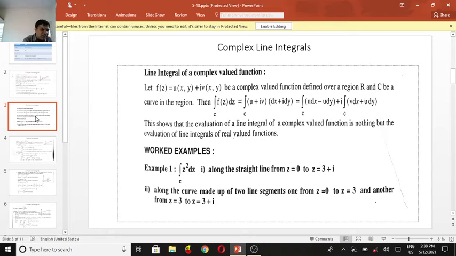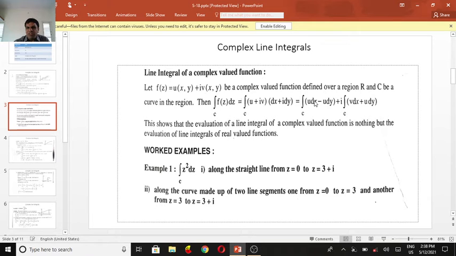Again, I integrate over C and separate: the integral over C of f(z) dz is equal to the integral over C of (u plus iv)(dx plus i dy). Opening this, u dx, and since i squared is minus 1, minus v dy.